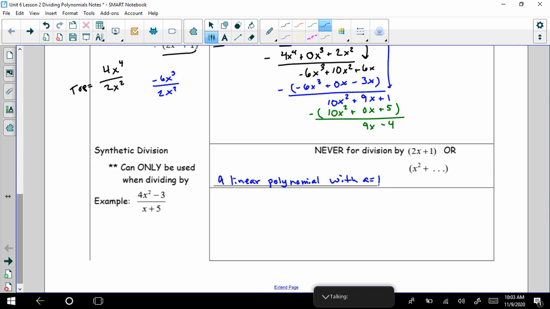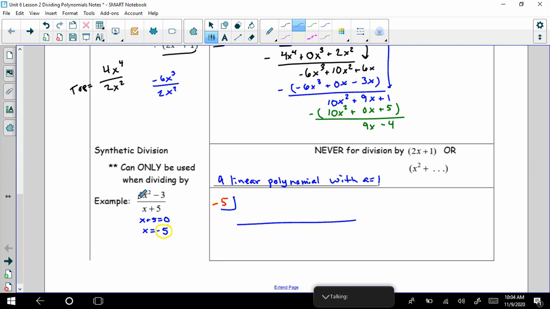All right. To use synthetic division, we're going to set up kind of a reverse division board here. All right. If x plus 5 were equal to 0, then x would equal negative 5. We are going to take this negative 5 and we're going to put it on this outside right here. So negative 5. All right, it's always the opposite of whatever's in the bottom.